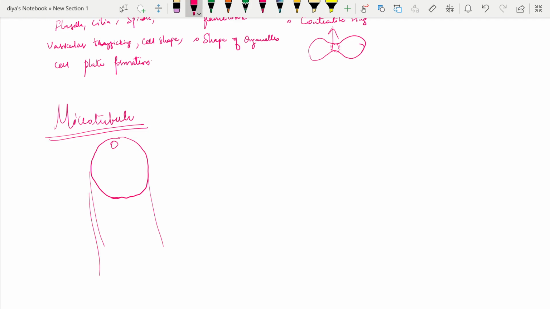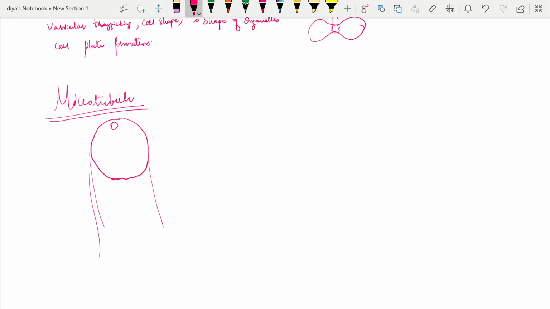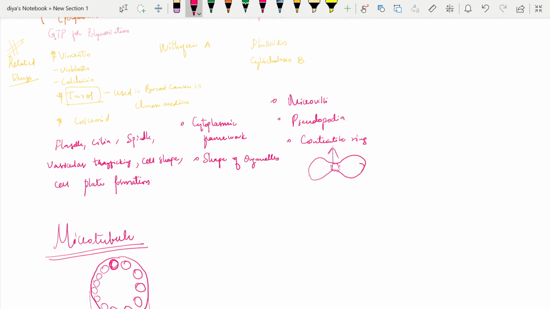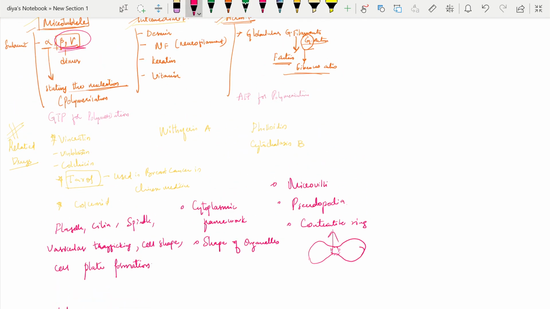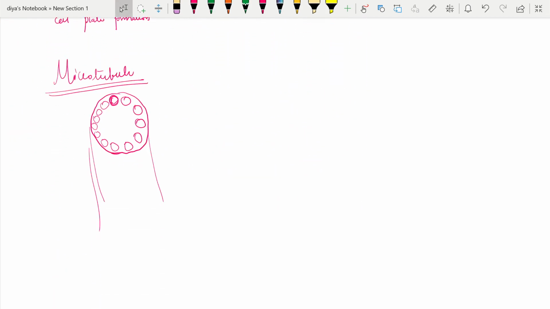When you see the section, you'll find something like this, and there are 13 subunits here: 1, 2, 3, 4, 5, 6, 7, 8, 9, 10, 11, 12, 13. So these are arranged in this fashion, and I told you they are the dimers. Below this you find other dimers present.